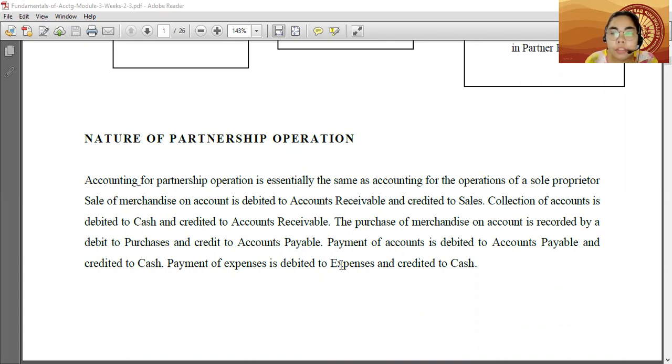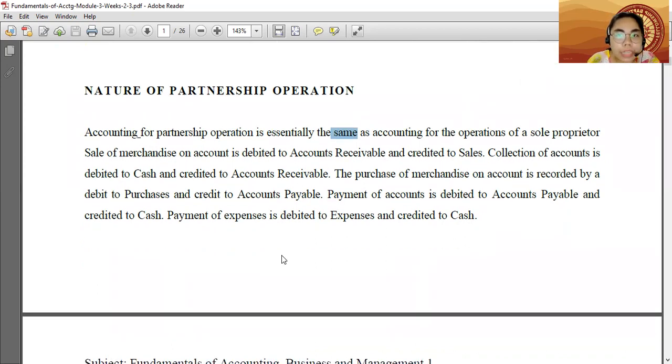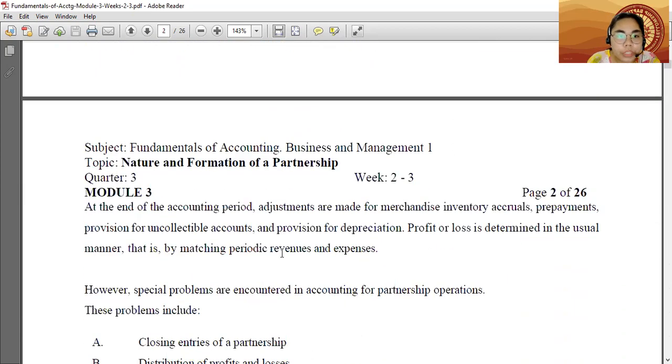Otherwise, the partners' capital accounts are debited if there are drawings and share in the losses of the partnership. So accounting for partnership operation is essentially the same as accounting for the operations of a sole proprietor. Sale of merchandise on account is debited to accounts receivable and credited to sales, and so on. So it's still the same as the accounting for the operation of a sole proprietor.